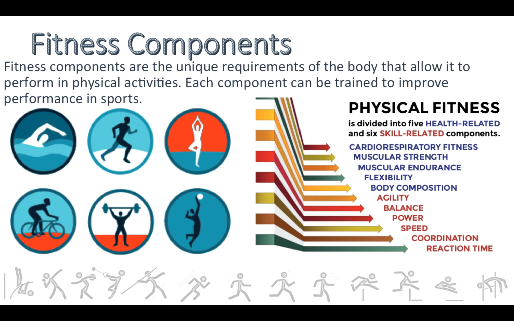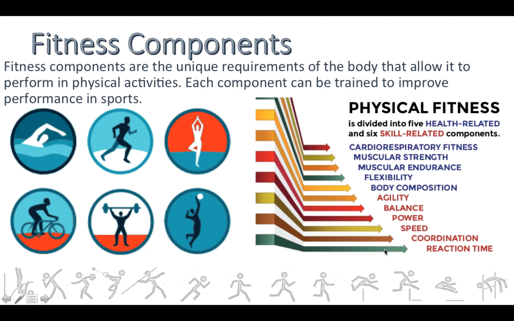So, we have health-related fitness components and skill-related fitness components. These are broken down into these 2 sections because we have these top 5 here in this purple colour, which are things that we use daily or things that we need for general health. That doesn't mean that we don't need them for sport, however. They are still very important for sport.